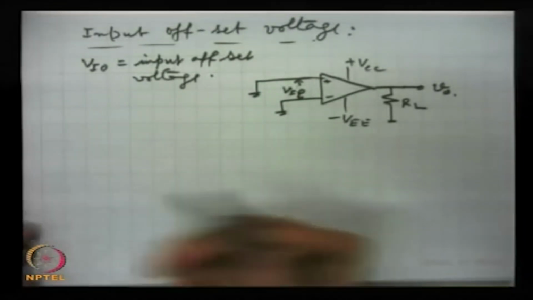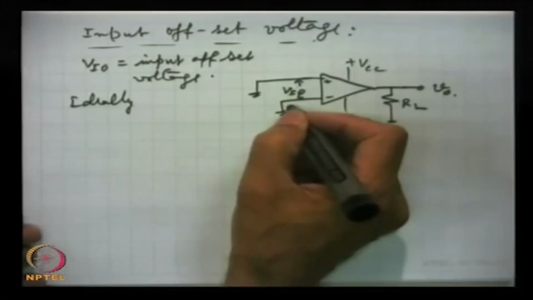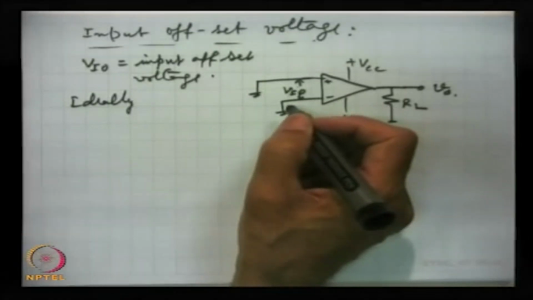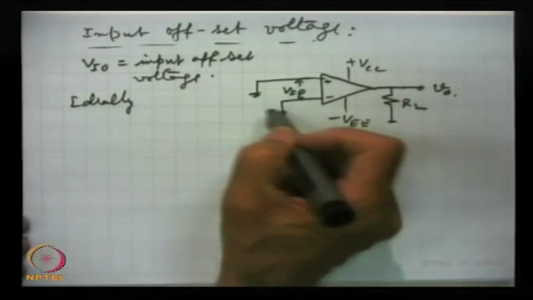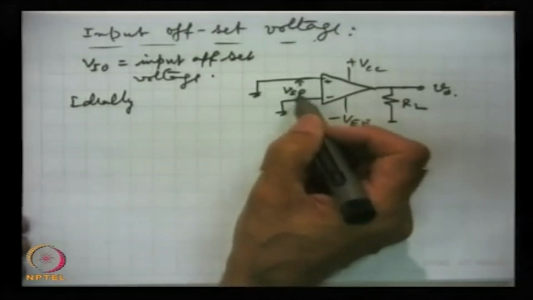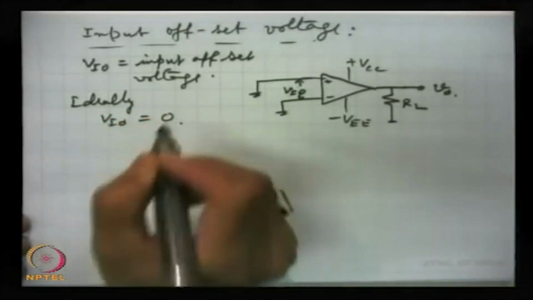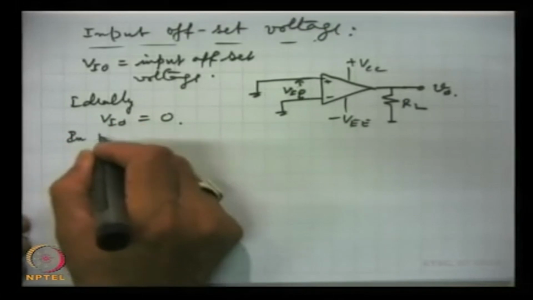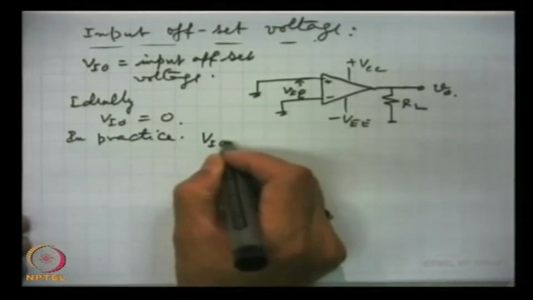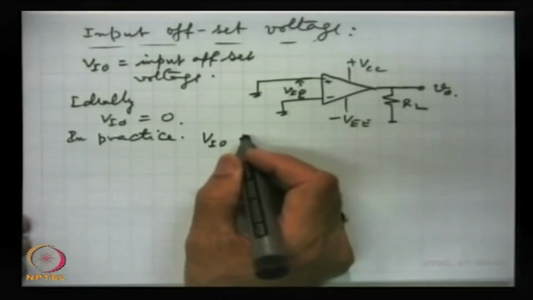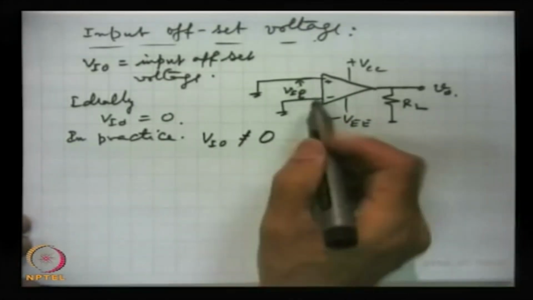Actually, or ideally, there should not be any input offset voltage when we have not applied any signals. Both these inputs are grounded, still some voltage will exist. So, ideally VIO should be 0, but in practice this is not 0, and this is a finite value, and this is amplified.